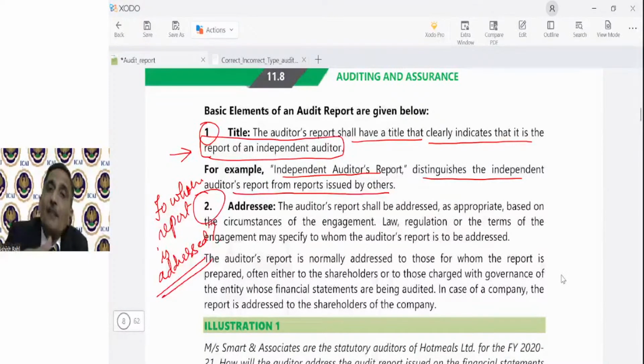So whatever the experience of auditor is, whatever knowledge he has gained, he cumulatively applies these things when he carries out the audit. Okay. It is not that it is totally judgmental. He has to take the steps. He has to perform those procedures which are there in standards on auditing. Okay.